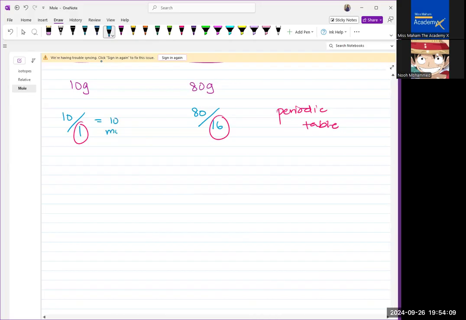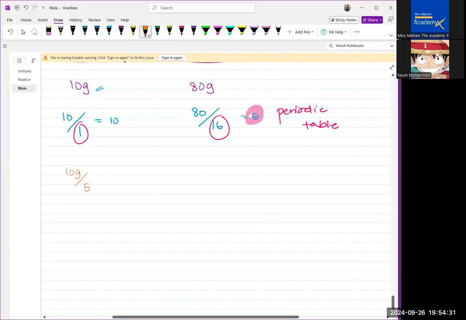You get 10, and here you get 5. So you divide by the smallest number. What's the smallest number, 10 or 5? 5. So you divide both of these numbers by 5.